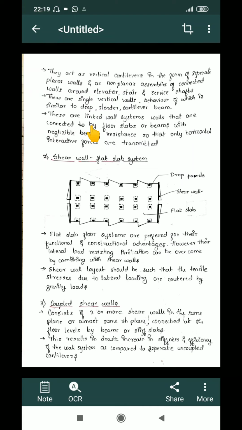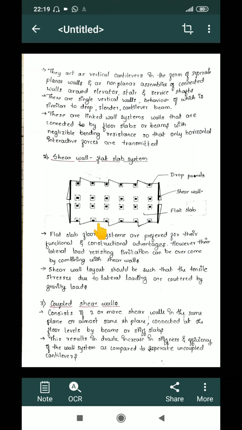These may also consist of linked wall systems around a staircase, elevator or any service shafts. If there is any lift or staircase, they construct an individual shear wall along all four sides of the shaft, which all together act as the core of a shear wall.